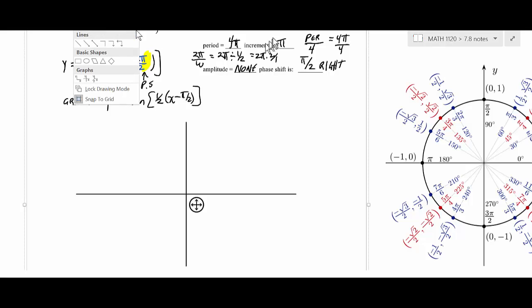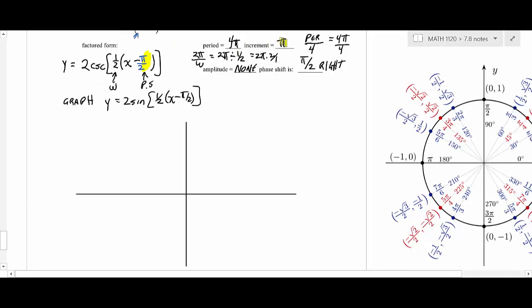So go ahead and count by pi and get your x-axis put together, because that's going to tell you where your key points are. We may have to subdivide it a little bit though. So I'm going to go pi, 2 pi, 3 pi, 4 pi. You can go out further if you want to. And then you can do the negatives, like that.